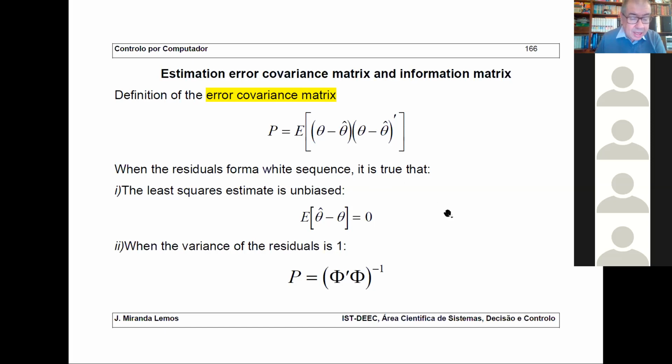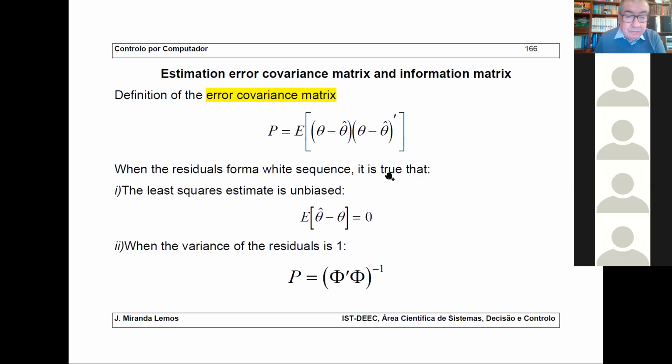Actually, this is a symmetric matrix. In the diagonal elements, I have the power, that is to say, the expectation of the squared values of the deviations of the parameters.